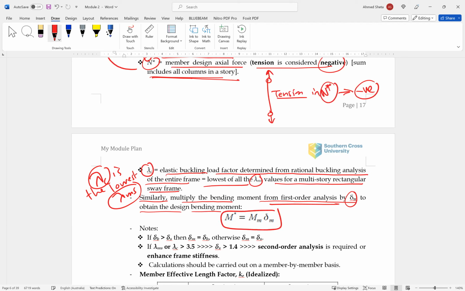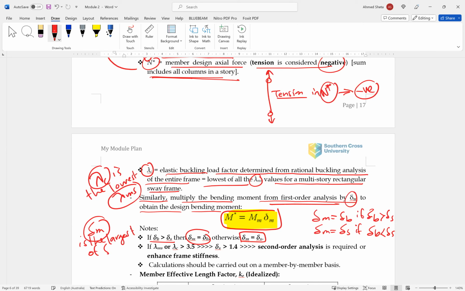So M star will be equal to M times delta M, where delta M is equal to delta B if delta B is more than delta S. Otherwise, delta M is equal to delta S. Delta M equals delta S if delta B is less than delta S. Which means that delta M is the largest of delta B and delta S.